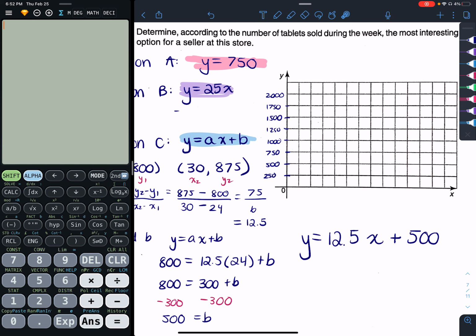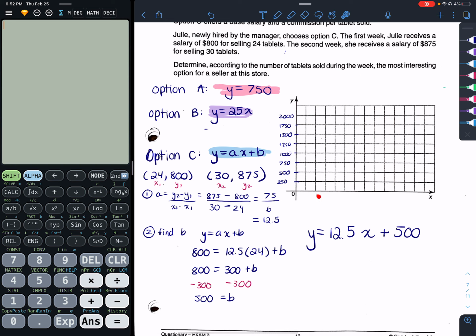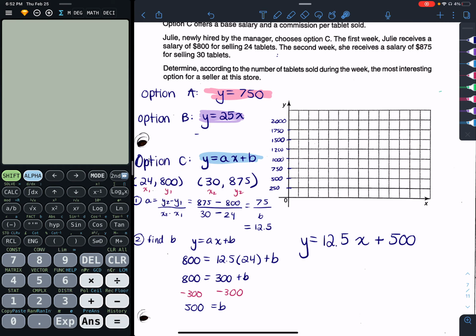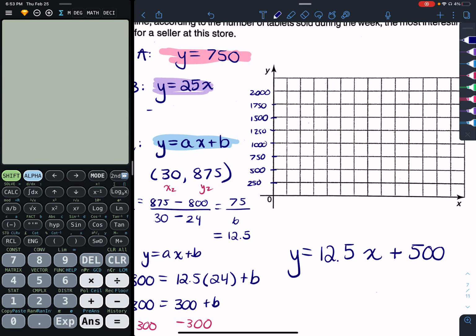Okay, and now looking at, so there's 14 boxes. We might be okay if we go up by 2s.